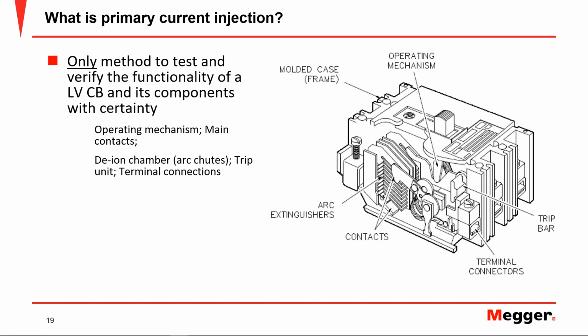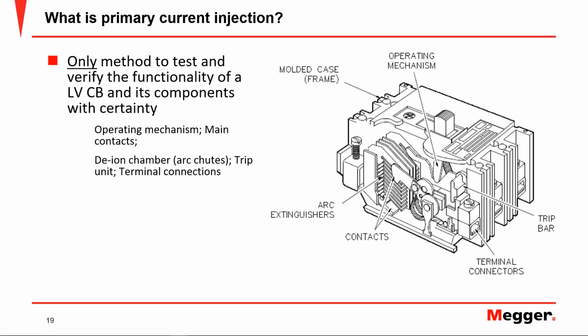Well, with this method, we're pretty much emulating field conditions. And by that, I mean we're duplicating, we're using the same current values as the circuit breaker will experience in the field, in service, in case there is a fault of that nature.